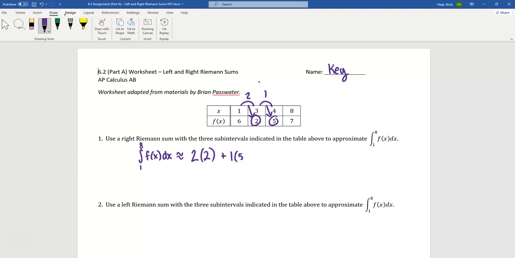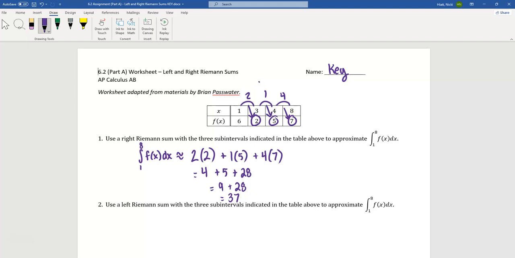So 1 times 5. And then the last one from 4 to 8 is 4. And then we're going to multiply that by 7. Like that. And so for this one, you should get 4 plus 5 plus 28. So 9 plus 28 is going to give you 37.